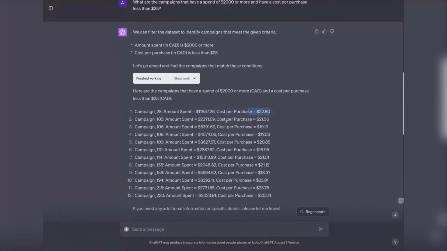This one, 23 grand or 2,300, it's hitting great CPAs. So these are a lot easier to find than having to sift through in-platform data. But where the power really comes is when you want to look at multiple metrics that require a lot of sorting. This is where the power is with Code Interpreter.